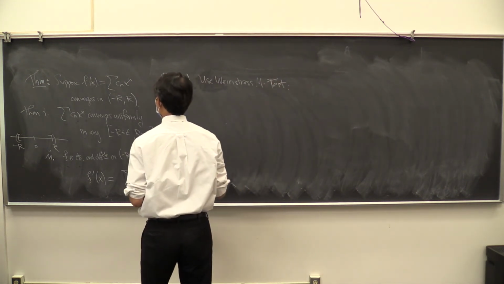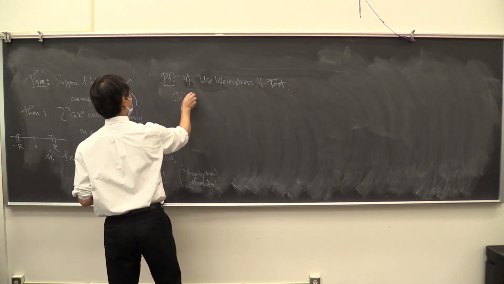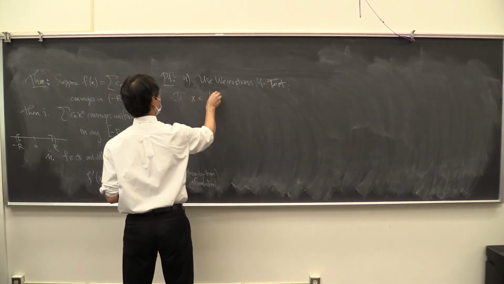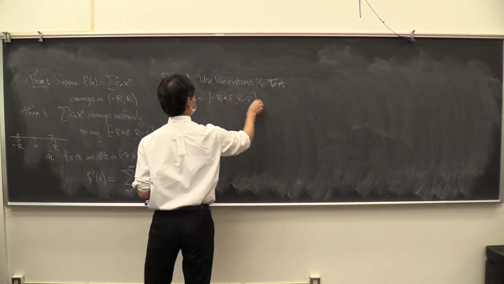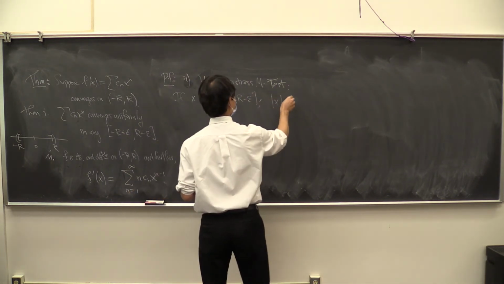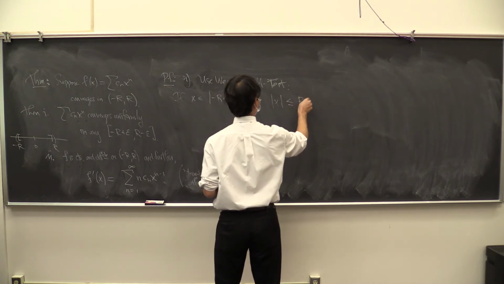Okay. So we see if x lies in [-r+epsilon, r-epsilon], then of course the absolute value of x is smaller than r minus epsilon.